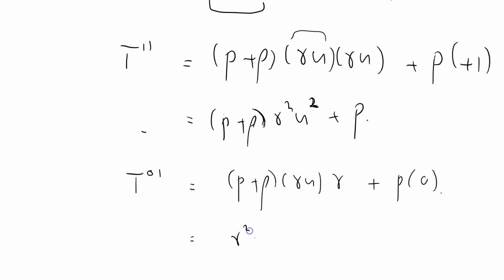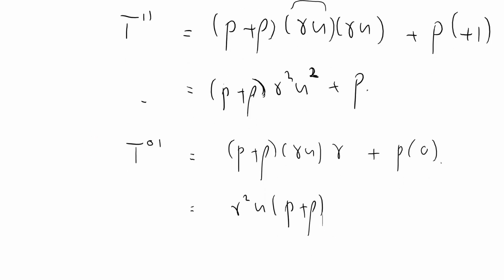Equals gamma squared u (p plus rho). Yeah, that's right. Okay. So what does that correspond to? That corresponds to either a momentum density term in the u direction or an energy flux in the u direction, both of which are the same thing.